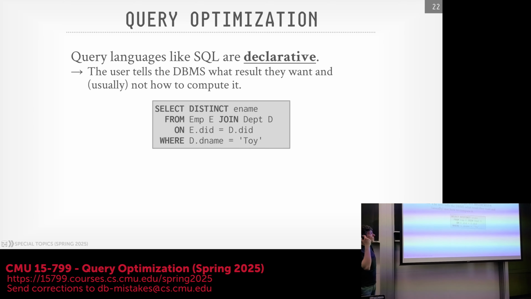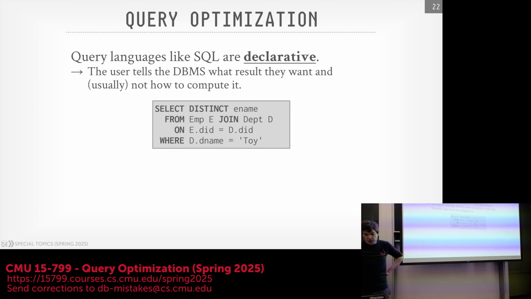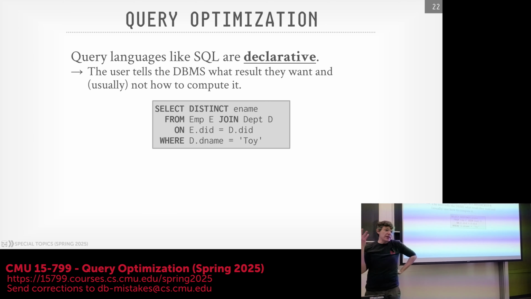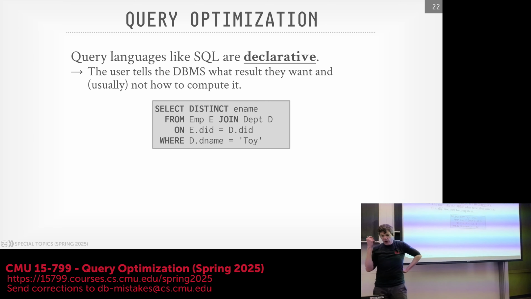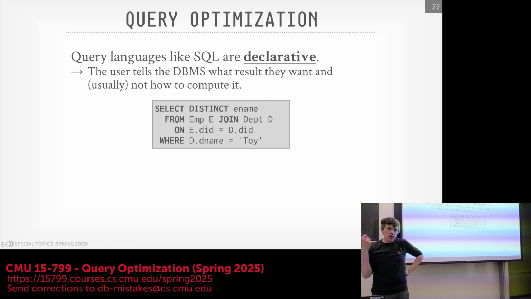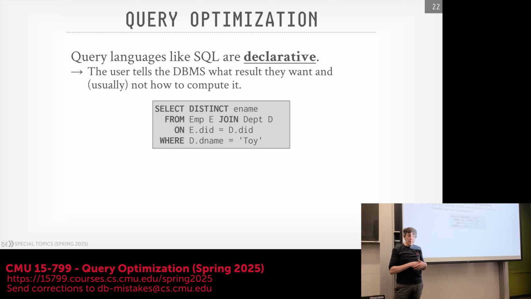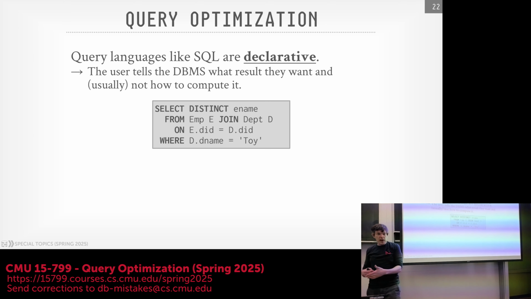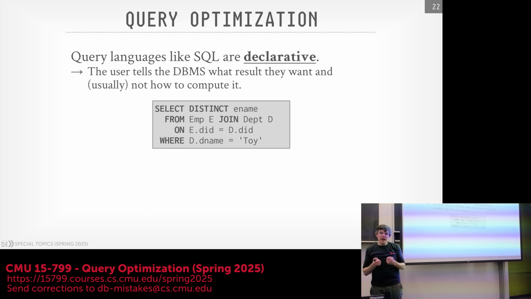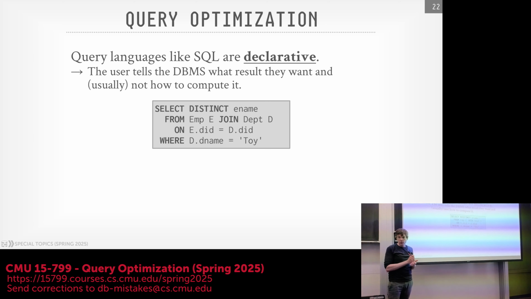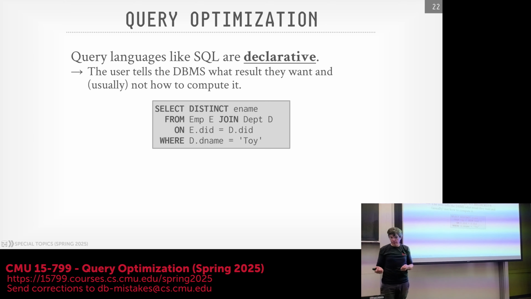It should be obvious to anyone taking a database class why we need a query optimizer, why we need query optimization. Query languages like SQL are declarative, meaning the application or the user is telling the database system what answer they want returned, or what answer they want the database system to compute on their data, and they don't specify anything about how to actually compute it.